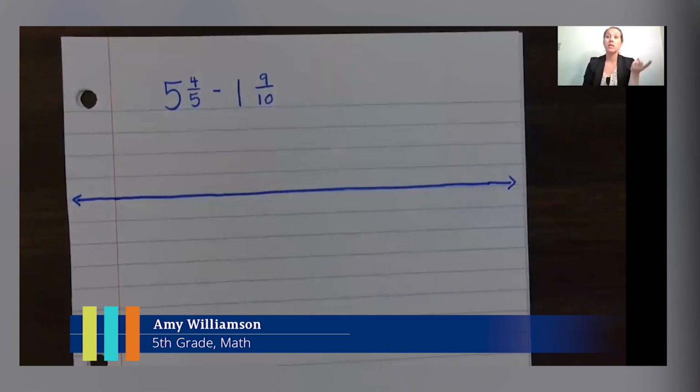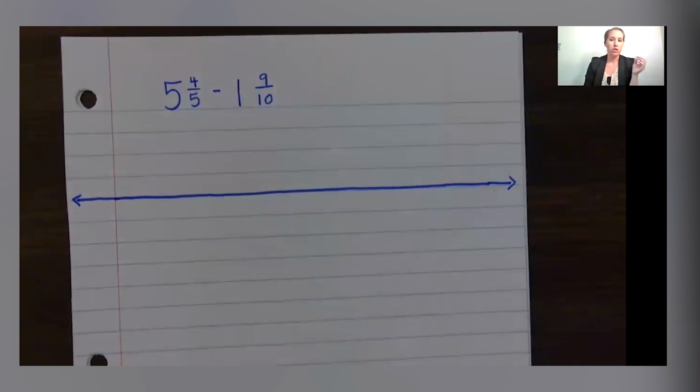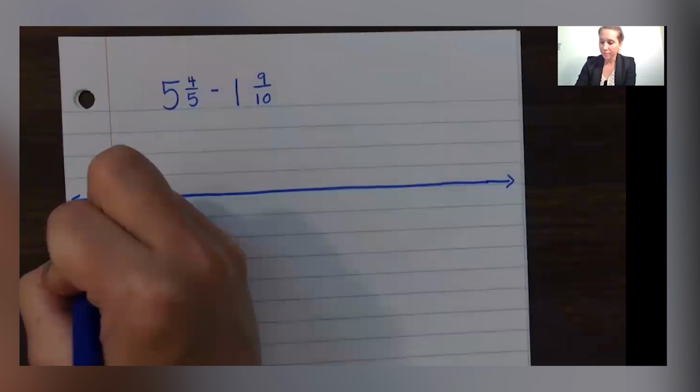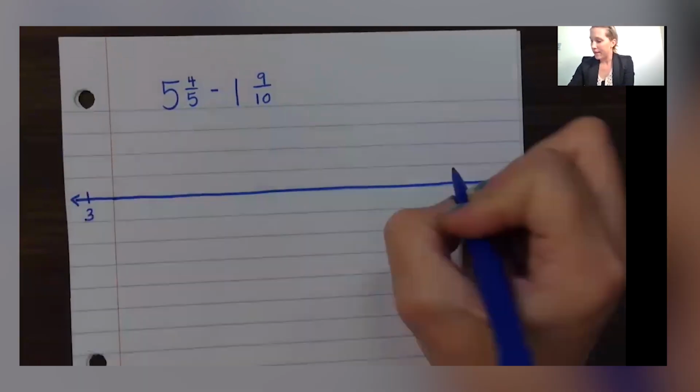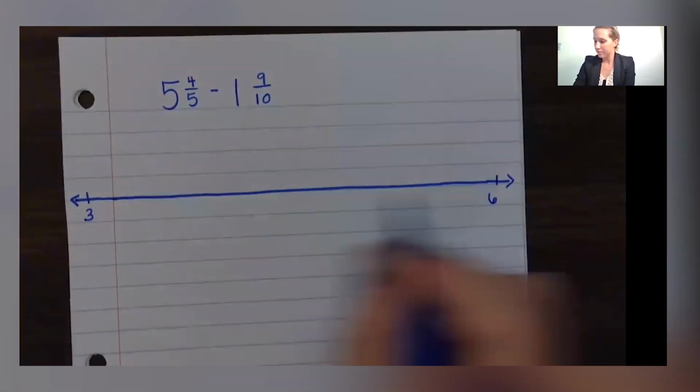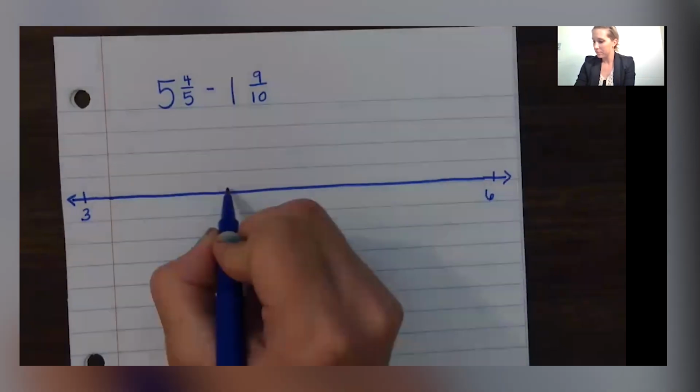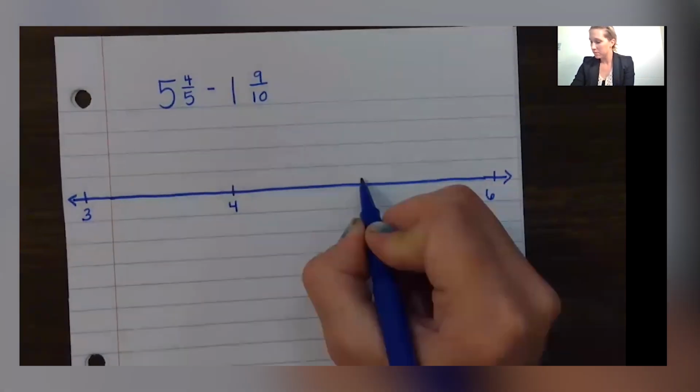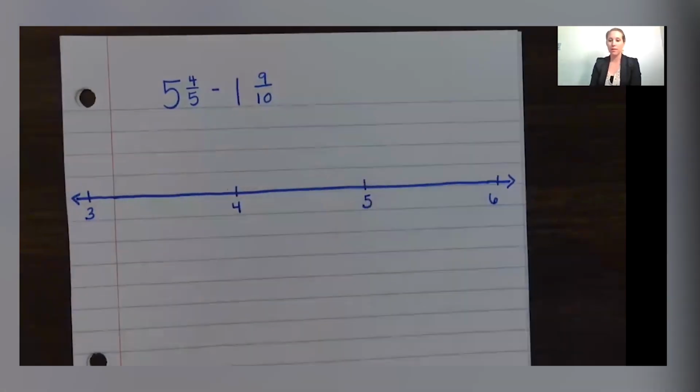But we also need to remember that we're subtracting. So what's going to happen to our number? It's going to get smaller. So we're going to have to label some behind the 5 as well. So let's do that. Let's start with a 3 and let's end with 6. Does your number line look like this?